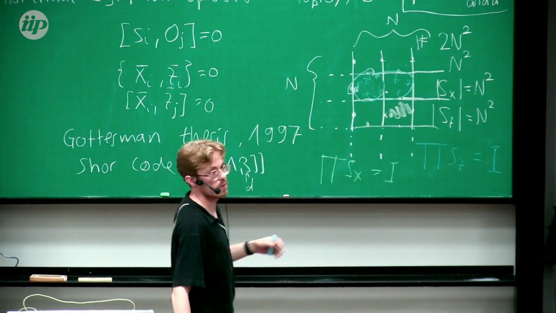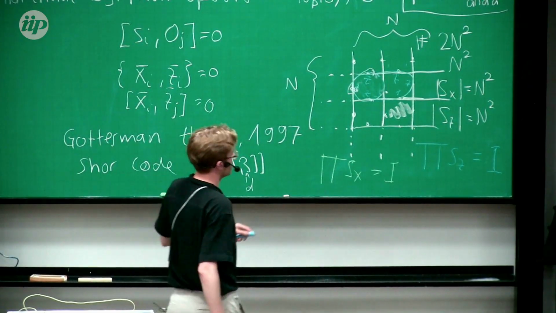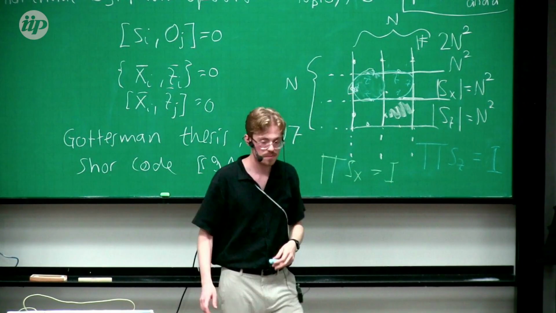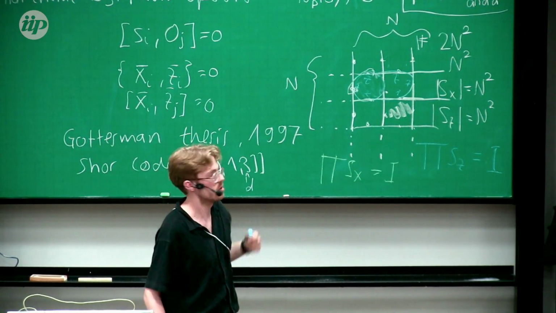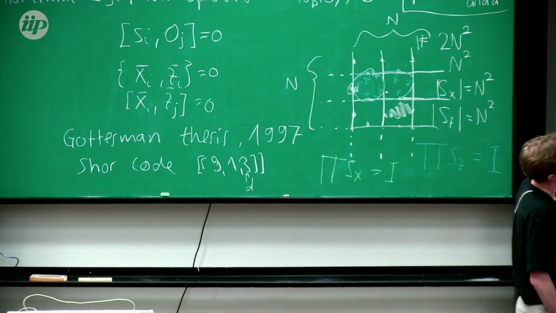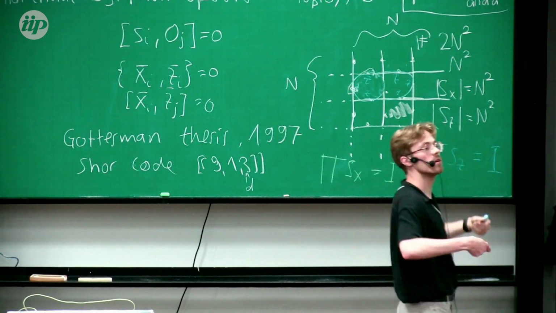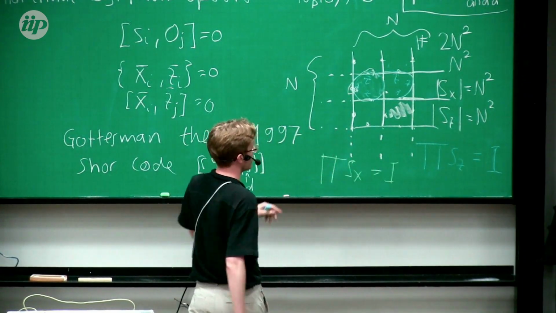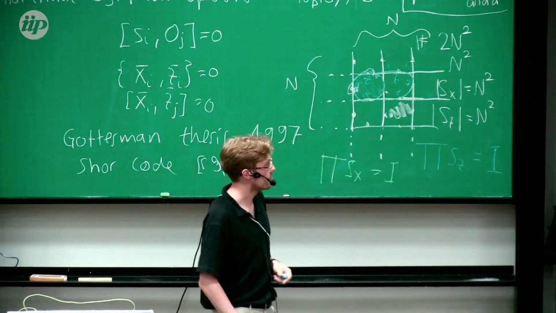The non-trivial operators are global operators that cannot be collapsed to these local ones. So they are string-like operators that wrap around the torus. You can see here depicted on the top, if we wrap around the whole of the torus, we can never, by multiplying it with stabilizers, collapse it to a single stabilizer.